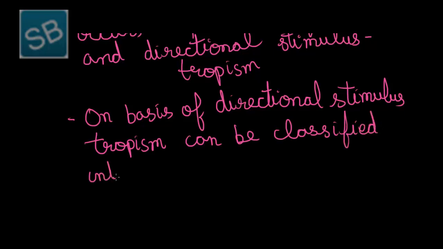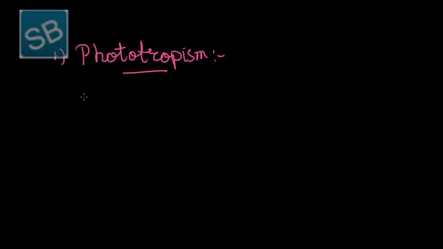This classification is generally into four main types. That is, first, phototropism. It can be understood from the term that this is the tropism that occurs due to light.